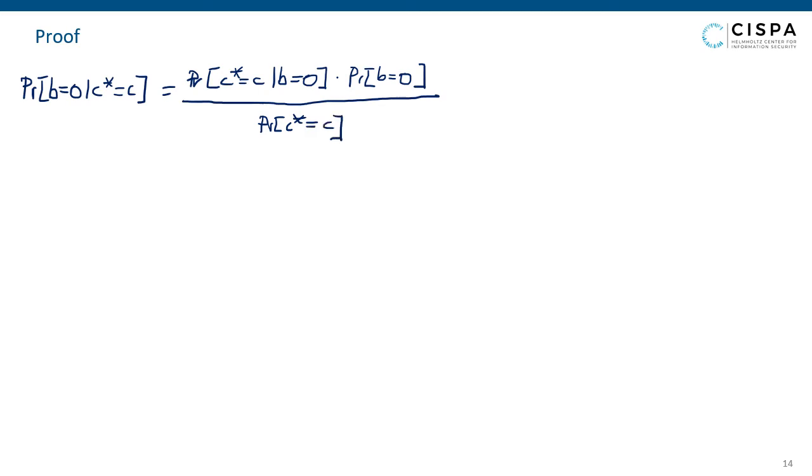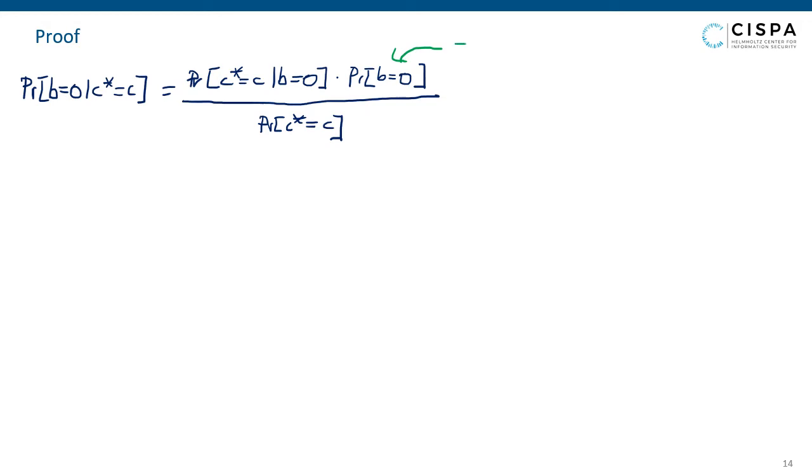Okay, now the easiest term to compute is obviously this one here. We know that B is just a uniformly random bit, so it's 0 with probability 1/2 and 1 with probability 1/2.